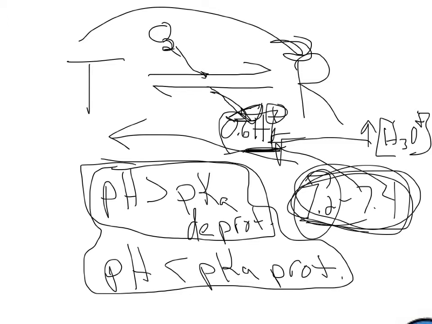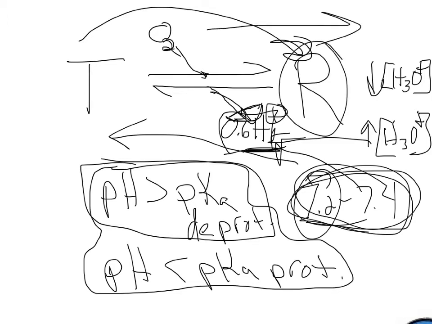As pH increases, the H3O plus decreases, and so you'll move things away to the R state. So at high pH, the R state is stabilized. At low pH, the T state is stabilized. So at low pH, hemoglobin doesn't bind oxygen as well as it does at high pH. There's a name for that.